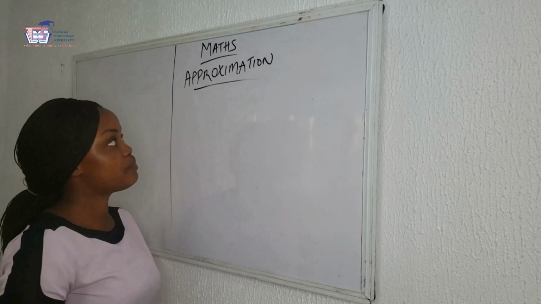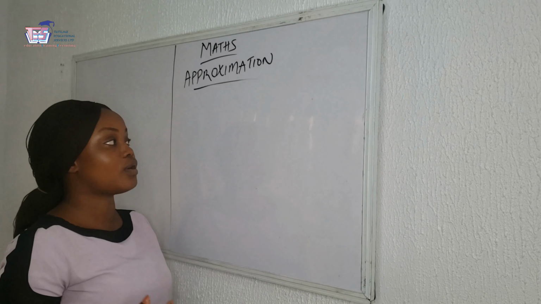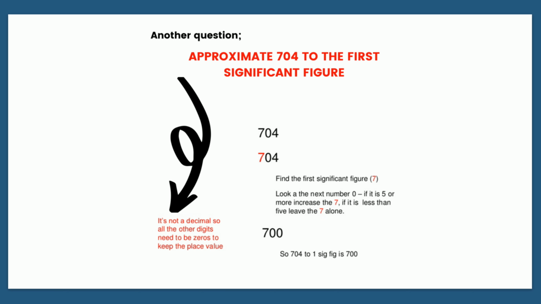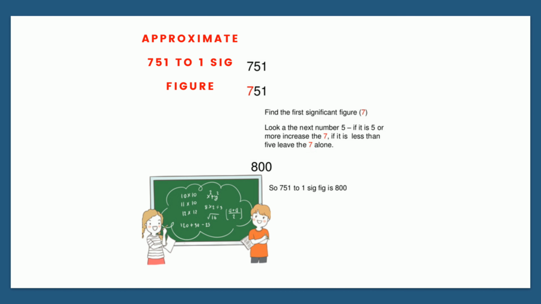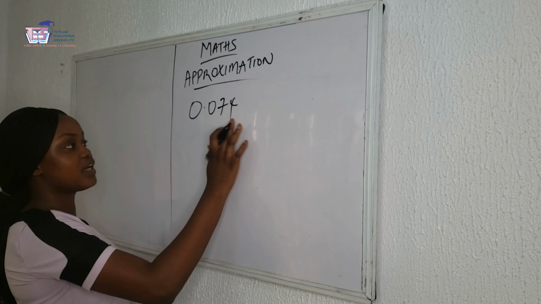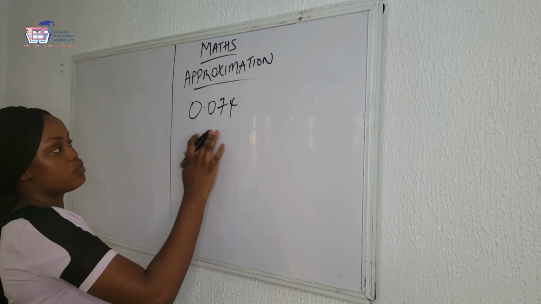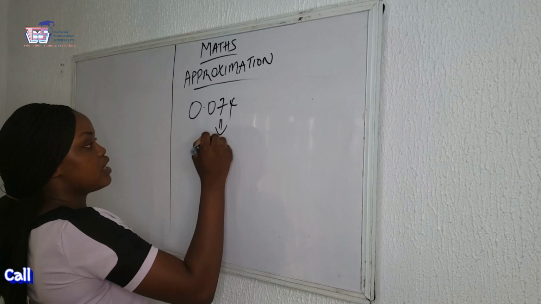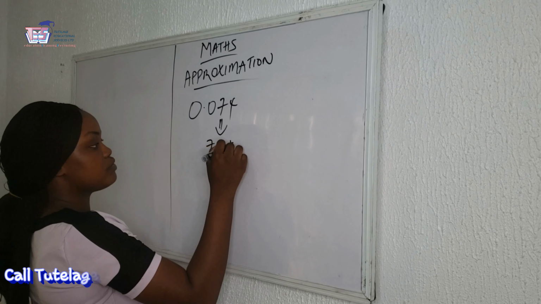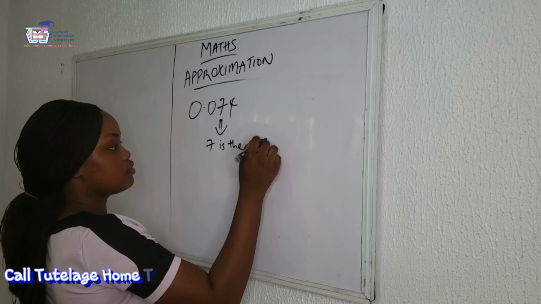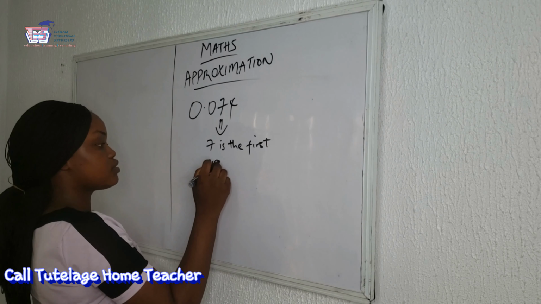Now, the next part that we're going to learn here is how to approximate a number to the first significant figure. The first example we'll be looking at is 0.074. What is the first significant number in this particular number? We have 7. 7 is the first significant figure.